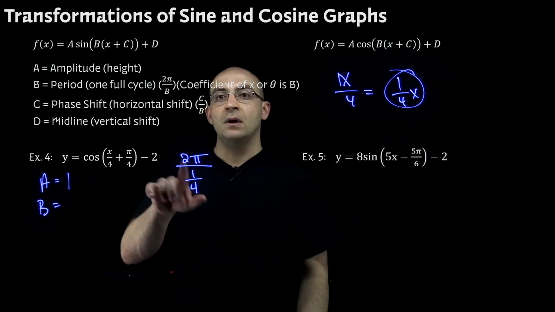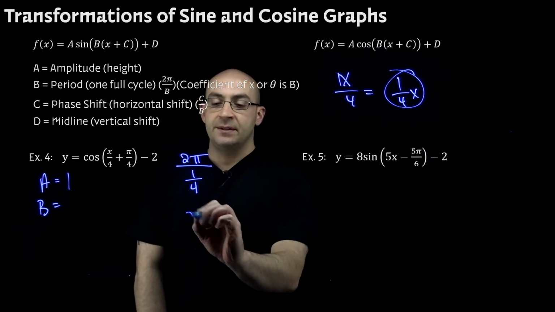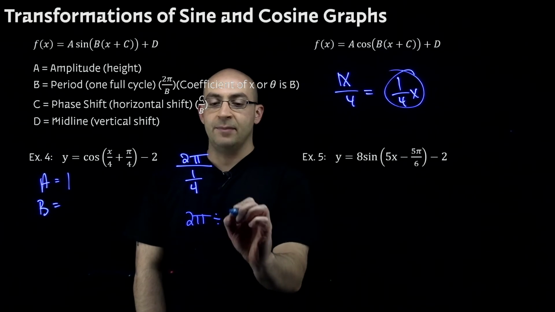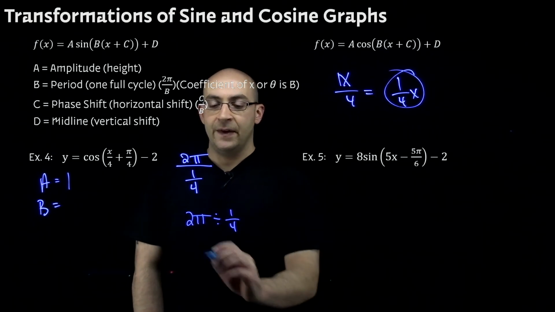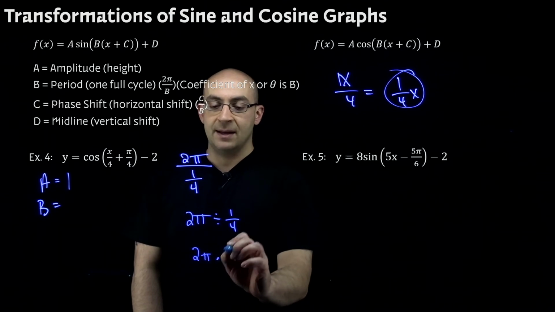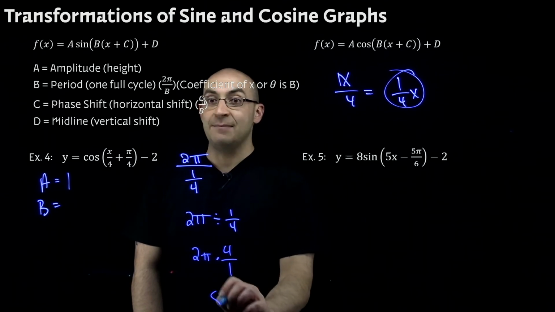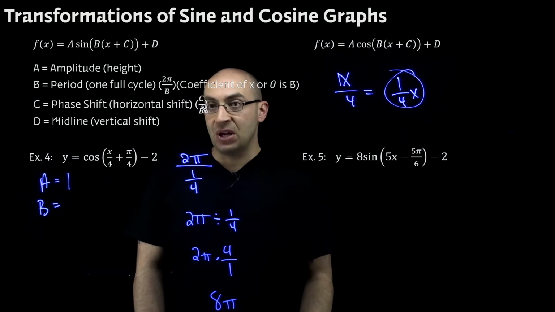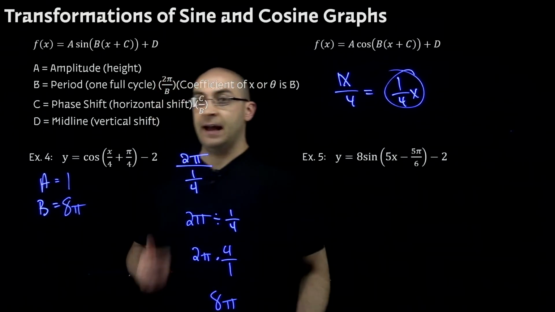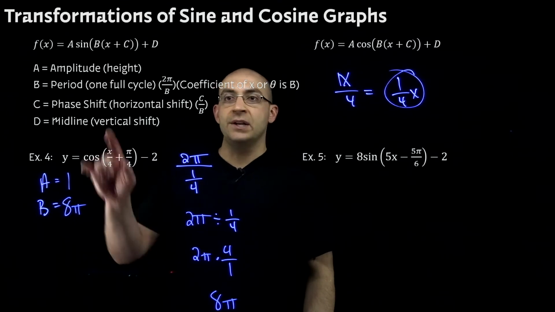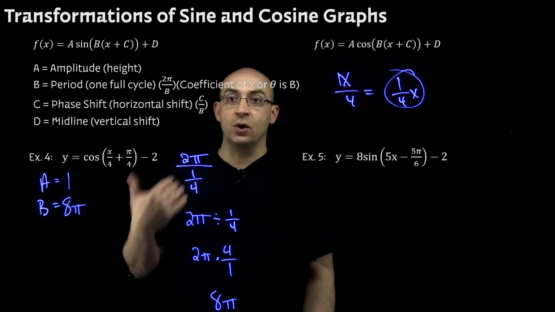Okay, now let's divide this out like we did before. This is 2 pi divided by 1 over 4. But we can't do that, so we're going to do 2 pi times 4 over 1, which is 8 pi. That is the period of this function. And again, how did we get that? Well, we know that the period is 2 pi over the b value.